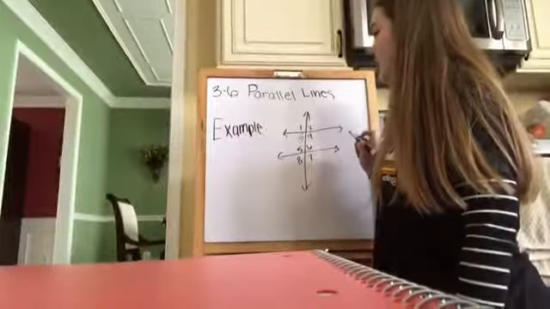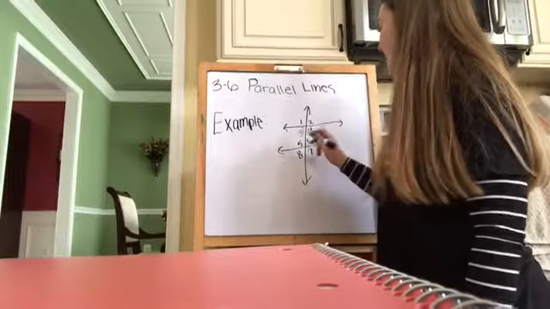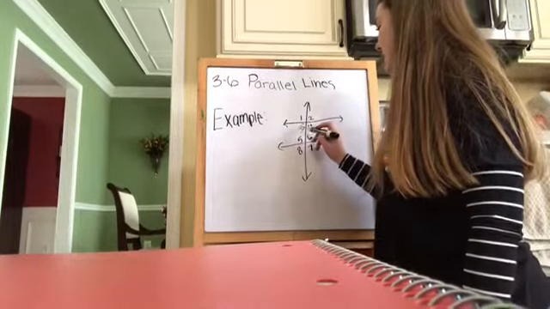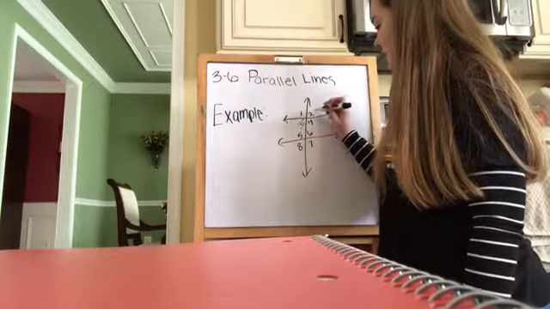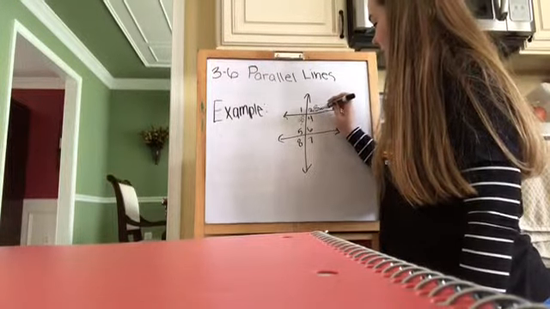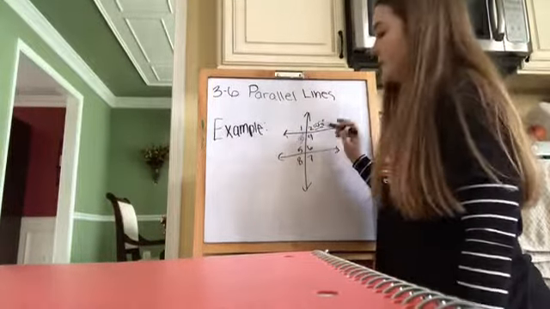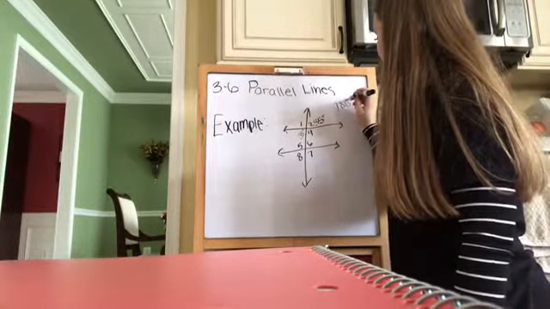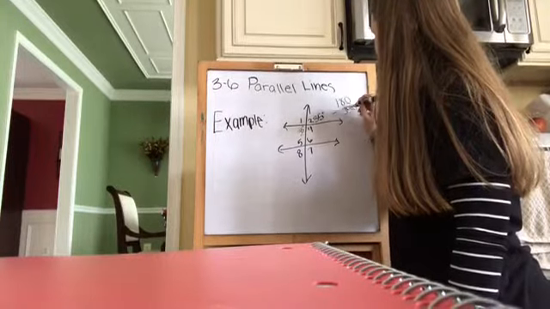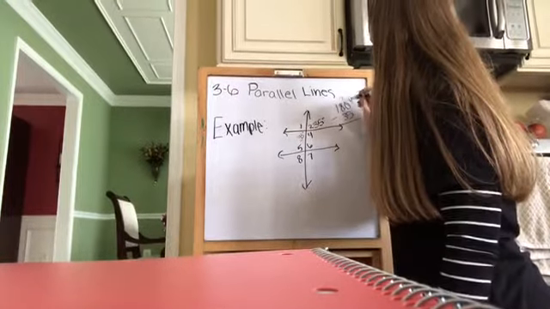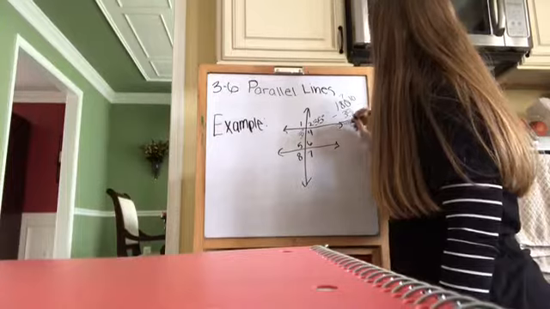Okay, so here's an example of how to solve parallel lines. So we know that this angle is 35 degrees, so we know that angle number 2 has to be 35 too, because of the vertical angles theorem. So then these together have to equal 180, so we're going to do 180 minus 35, which gets us 145.